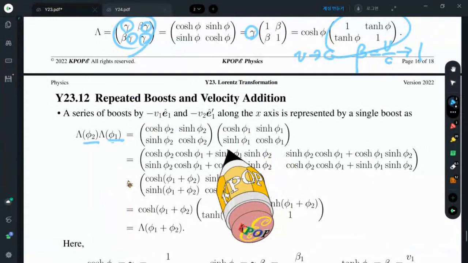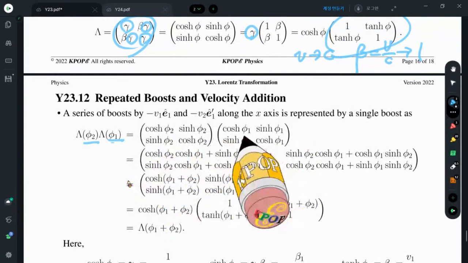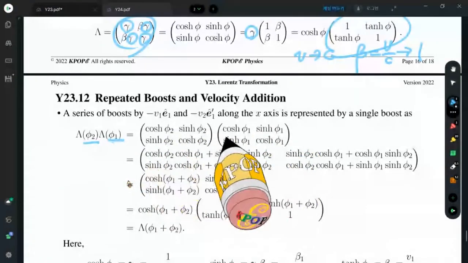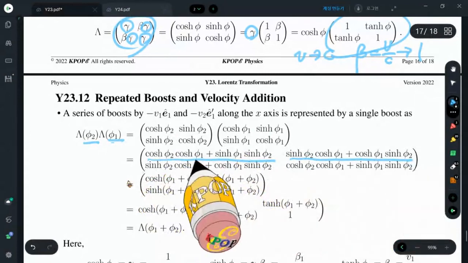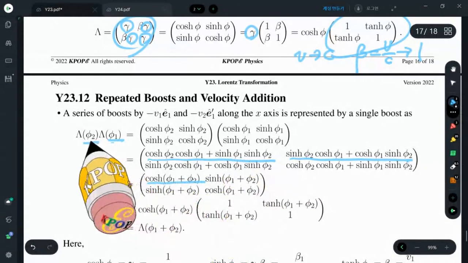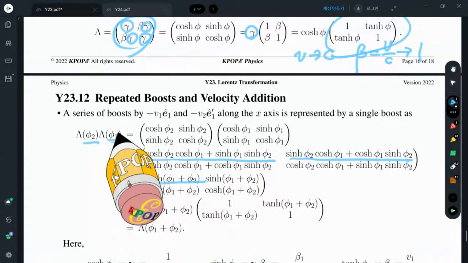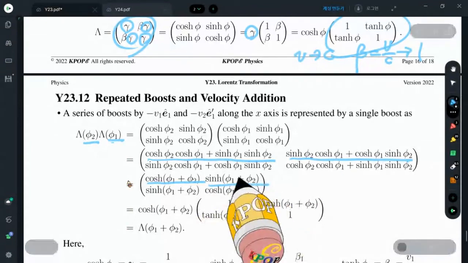In addition, we can repeat the boost many times. And just like what we have done with the rotation matrix, we can simply multiply the two boost matrices. It looks busy, but it is very simple. What's that? This is the cosine hyperbolic of the sum of the two parameters. And this is the sine hyperbolic of the sum of the two parameters.